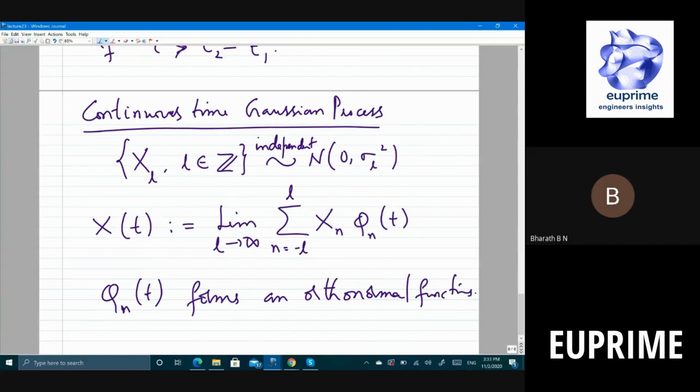So what are orthonormal functions? Any idea? The integral of phi_n of t and phi_m of t is 0. Yes, so if you take the product of phi_n of t and phi_m of t over an interval, let's say minus T/2 to T/2, it will be 0.